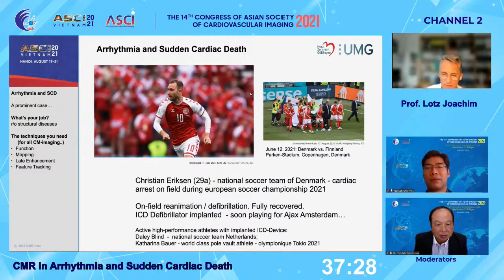He's a very high-scored national soccer team player in Denmark, playing for Inter Milan, up to now playing for Ajax Amsterdam probably. He was resuscitated on the field by a defibrillator, went into hospital, and received a prophylactic implantation of an ICD device, and now is well off again.